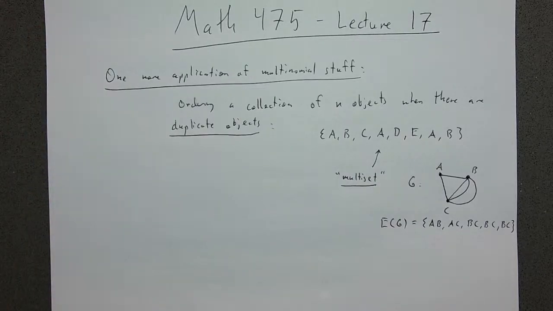Okay, so how do we talk about ordering a collection of n objects when there are duplicate objects in this way?